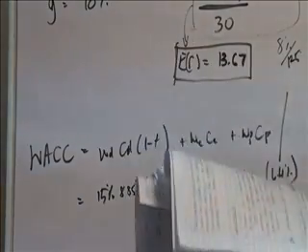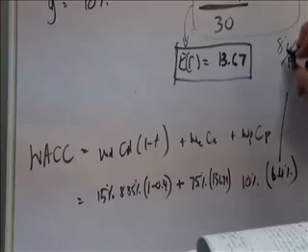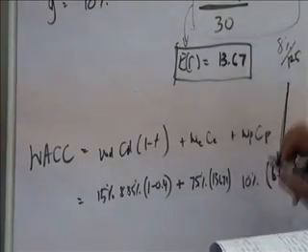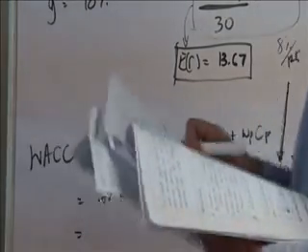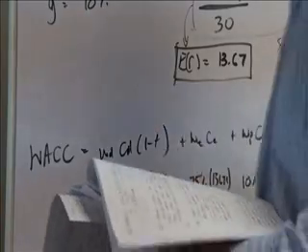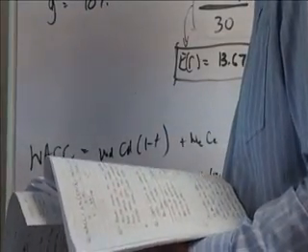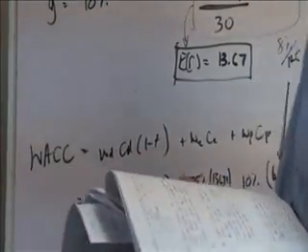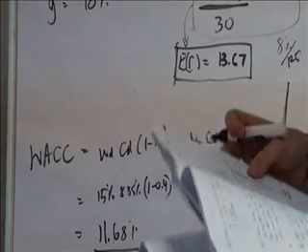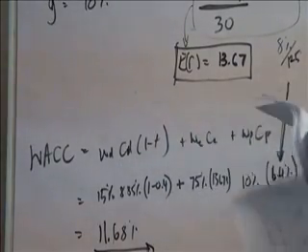Equals 6.4%. That's the cost of your preference shares. Okay, and then that ends up to a WACC that comes to around 11.6. Okay, stop for a minute and then I'll come back.